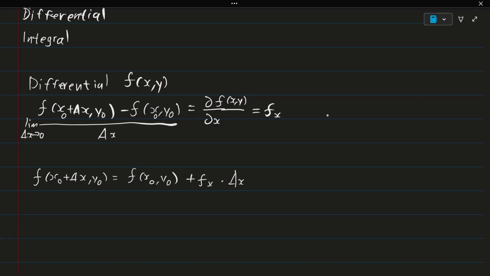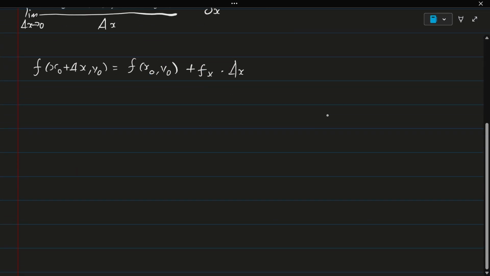But what if we also change y? Maybe if you just change y, you would have the same formula but with different terms. But what if we do this for both x and y? So what we'll have is this change in the x as well as in the y direction.